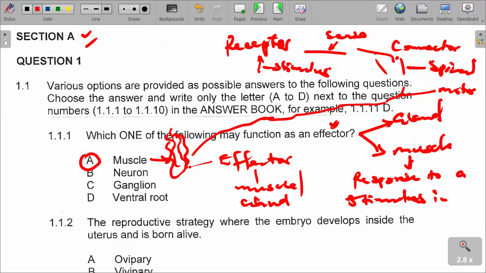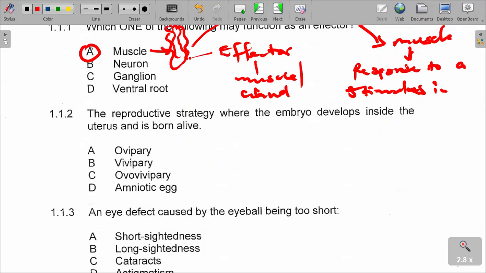Our answer is A, the muscle. Next: the reproductive strategy where the embryo develops inside the uterus and is born alive. We are supposed to understand and relate the diversity of reproductive strategies.